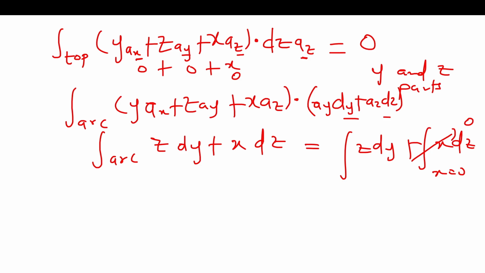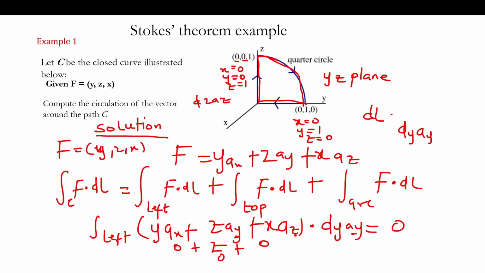Now the equation of a circle in the y-z plane takes the form y squared plus z squared is equal to r squared. Over here, the radius is the distance from the center to any point along the circle. So r is 1. If I take it from this point up here, along the z it is 1. So my radius is 1.